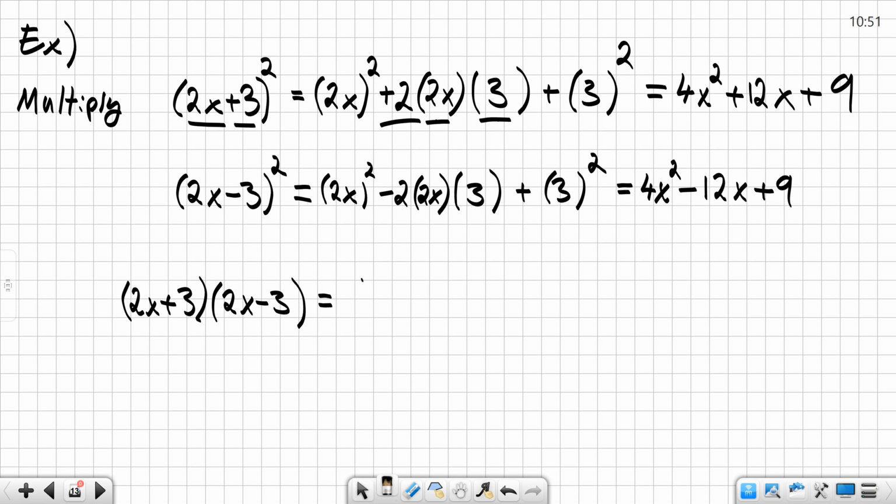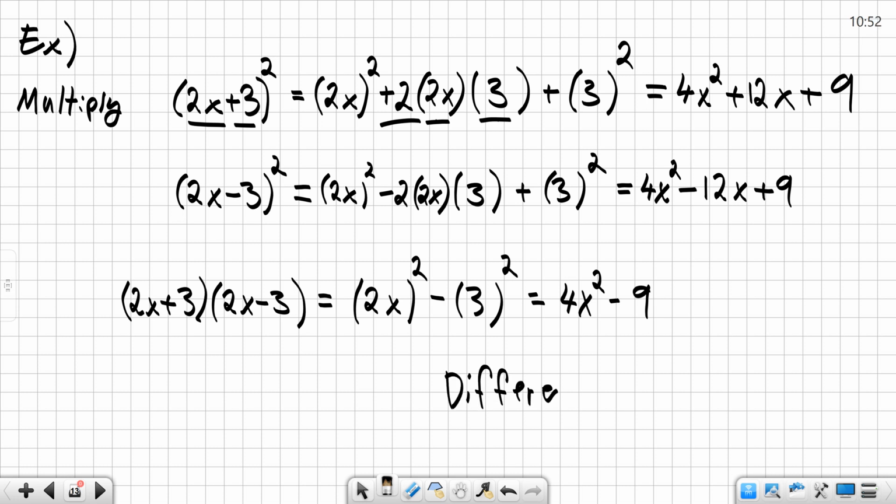So that means I'm going to get (2x) squared minus 3 squared. And if I multiply this out using the properties from the last section, (2x) squared is 4x squared, minus 9. We also call this the difference of two squares.